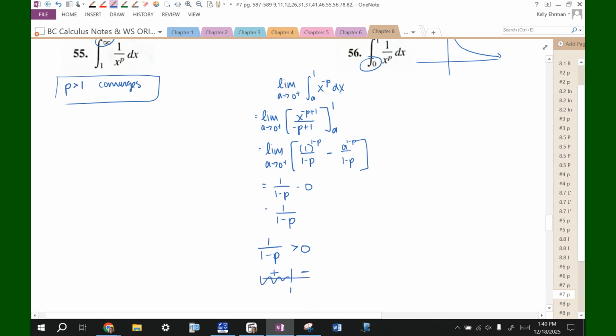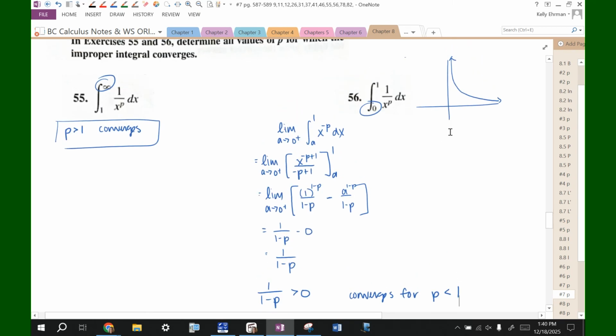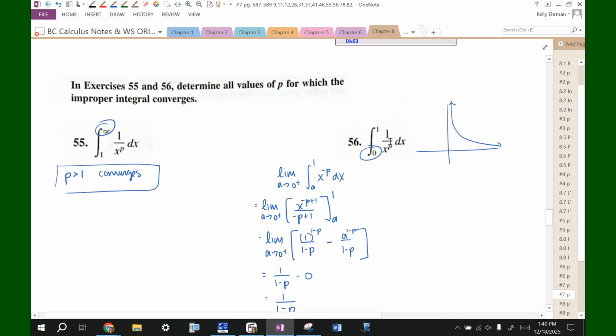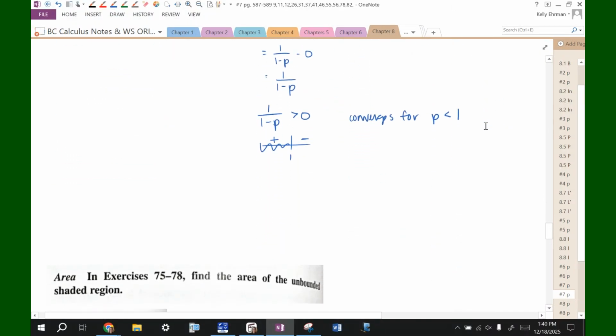So this converges for any p that's less than 1. Yeah, that makes sense. Because if p is negative, like negative 5, x to the 5th converges from 0 to 1 for sure because it doesn't have a discontinuity anymore. So I'm going to say for any p less than 1.